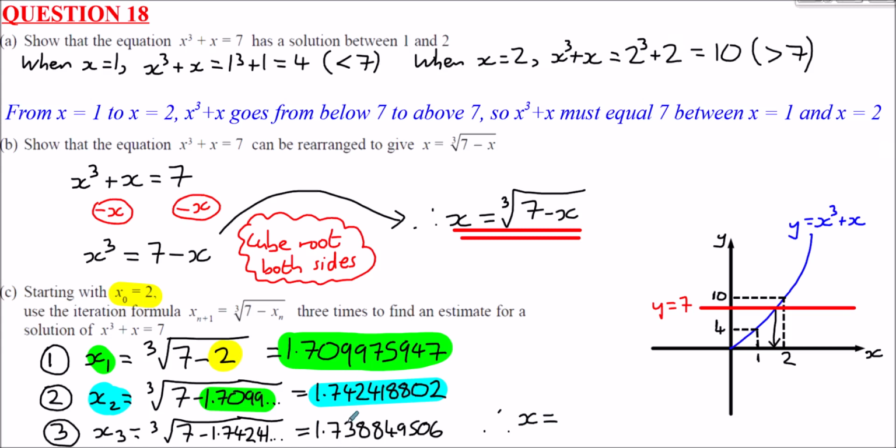They both agree to 3 significant figures. So if you want to round to 3 significant figures for your estimate, that would be fine. This to 3 significant figures would be 1.74, because the 8 next to the 3 pushes the 3 up to a 4. So x equals 1.74, correct to 3 significant figures.